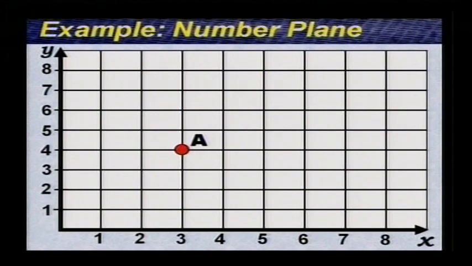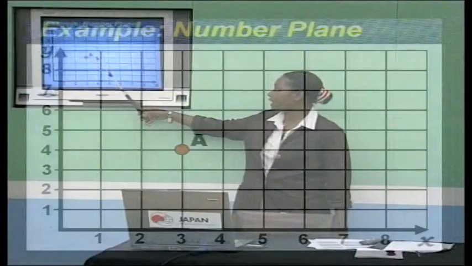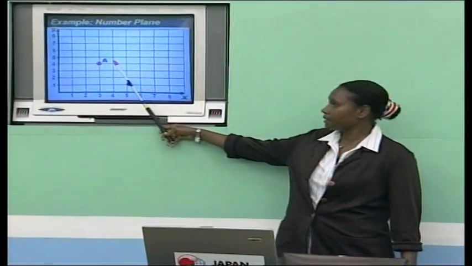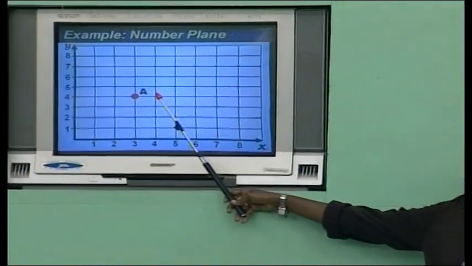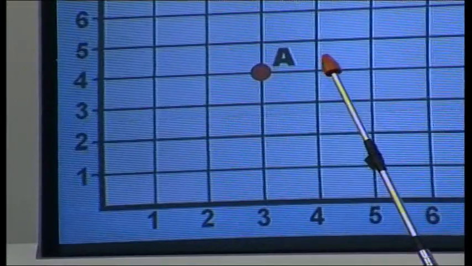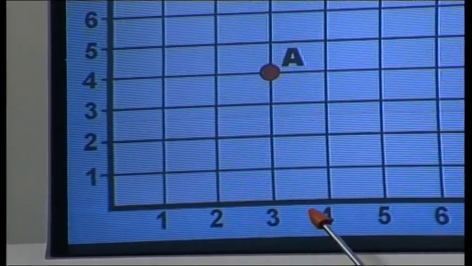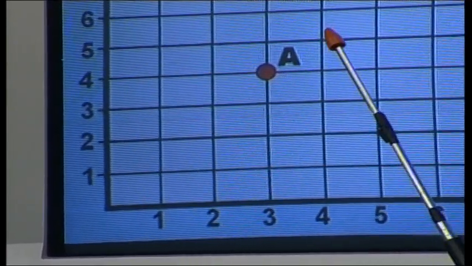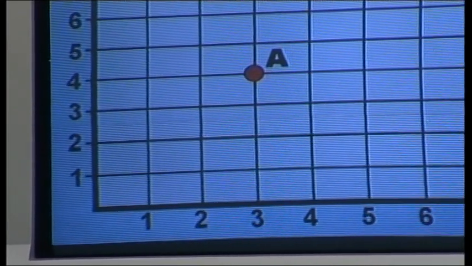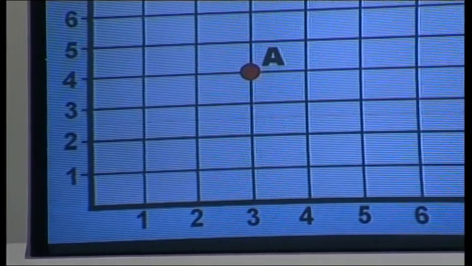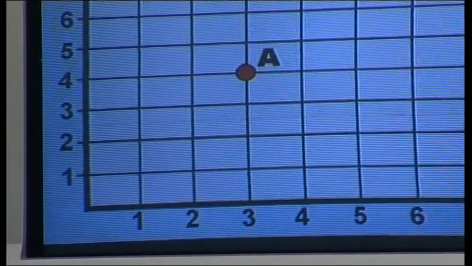As you can see, we have a letter being plotted on this number plane here, and the letter is A. So I've told you, when we read coordinates from the number plane, we are to read along the x-axis first, then up the y-axis. Now together, let's see what the coordinates of letter A are.